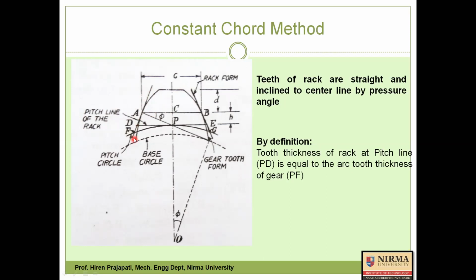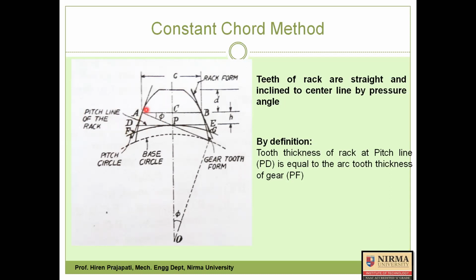If you consider these lines, line 1 and line 2, they indicate the flanks of the rack. So right now this gear tooth is in symmetric mesh in the space between two flanks of the rack. Clear? So right now we are considering the engagement of gear against rack.